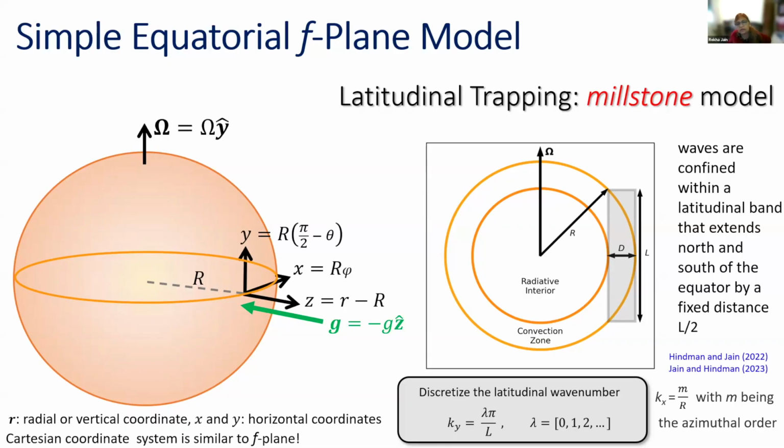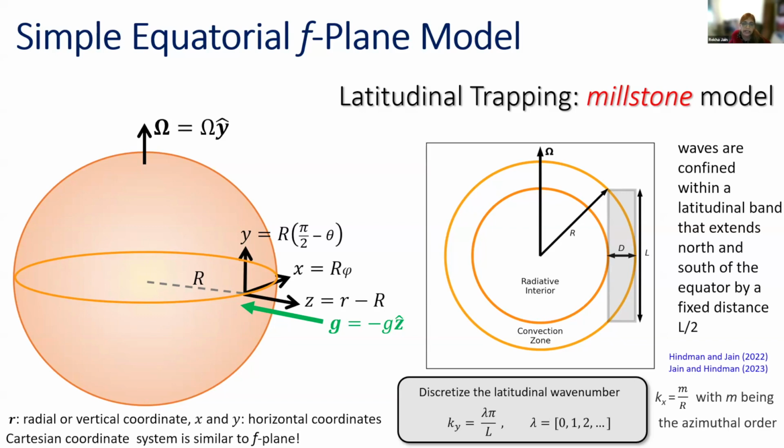Yes, this is a very simple model where we have done the latitudinal trapping in this way, but the ideal way is the way that you're suggesting, and those calculations are being carried out. I have some preliminary results, but I have not shown them here because I'm not 100% sure they are done.